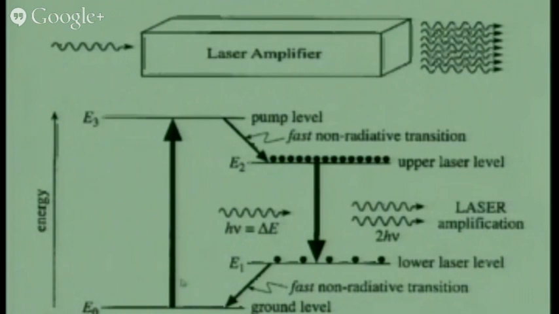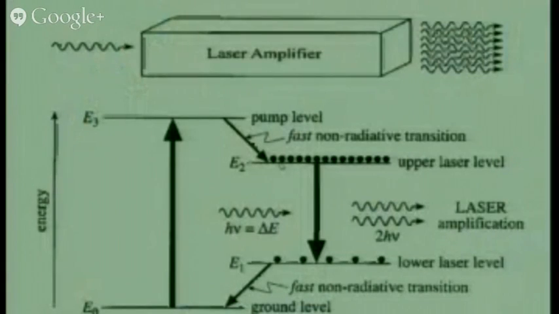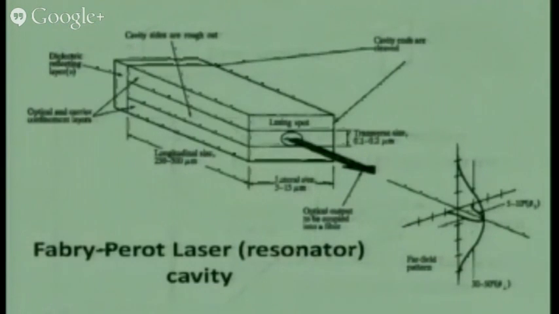That is, you have a ground state atom, you pump the energy, it goes to the higher energy state, it decays non-radiatively, basically heat is produced slightly at this point, and then you have a stimulated emission taking place from the conduction band to the valence band, creating laser amplification. The same situation which we considered in the LED case exists in the laser also.